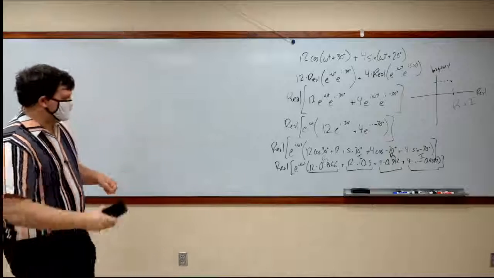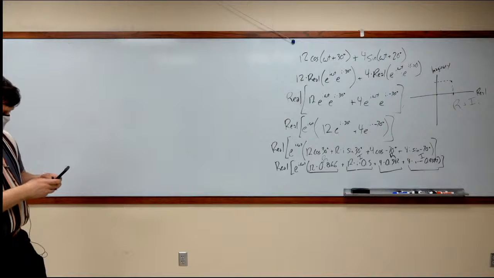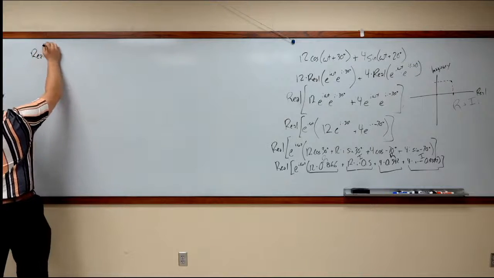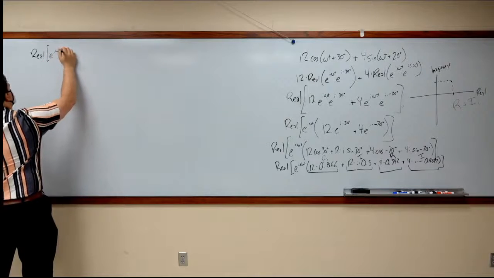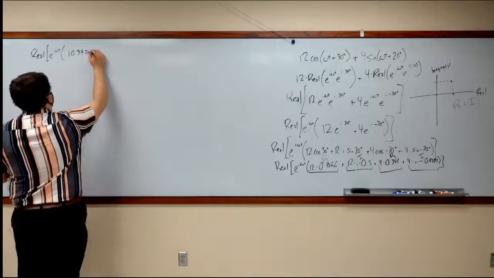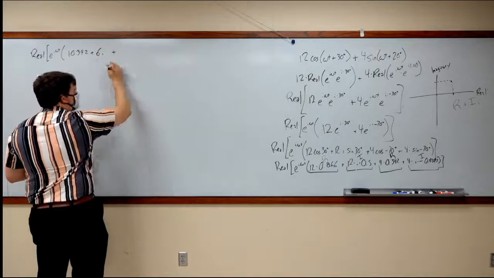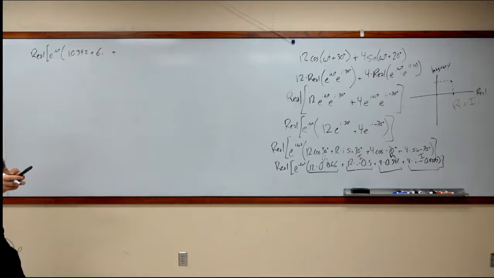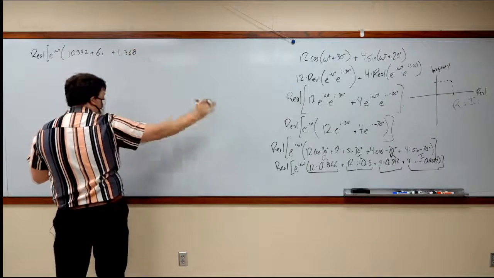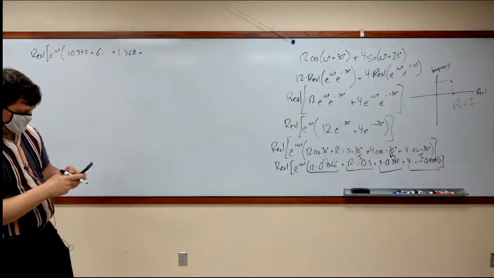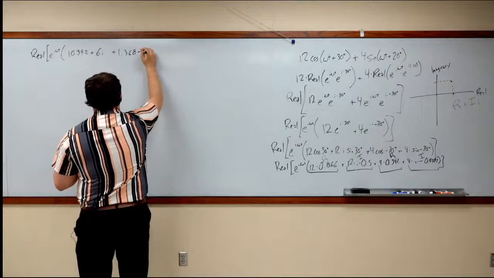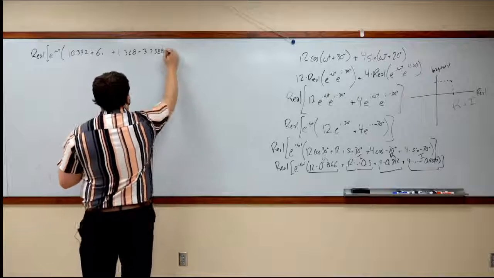Okay, so some quick maths. 12 times 0.866 is equal to, so this becomes the real value of e to the I omega t times 10.392, which is the first one, plus 6i, which is the second one, 4 times 0.342 is 1.368, which is the third one, plus 4 times negative 0.9397 is equal to a negative 3.7588i.